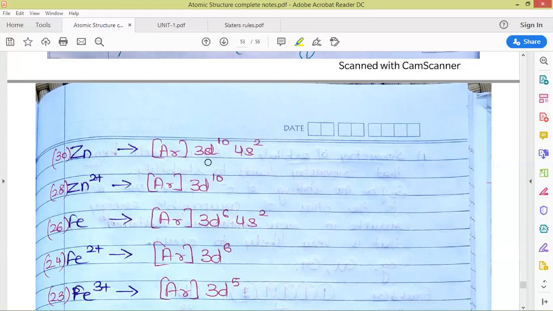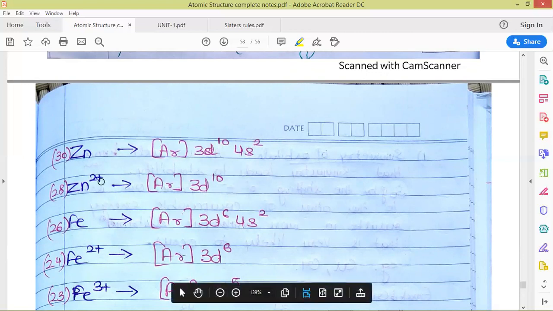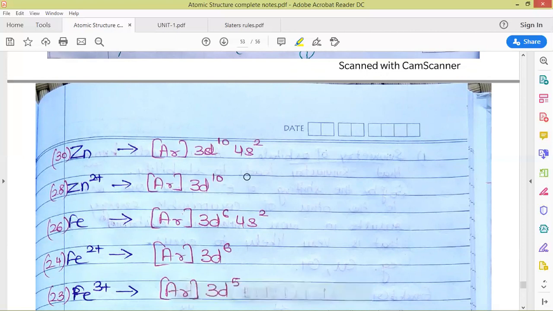So it should be present more towards the nucleus in comparison to 3d, so it must feel more nuclear pull. So while removing the electrons, we should remove electrons from the 3d subshell, which is filled in the end. But in actual, what happens is the higher valued n is emptied first. The electrons taken out for the formation of zinc 2 positive are taken from the 4s orbital rather than the 3d orbital.